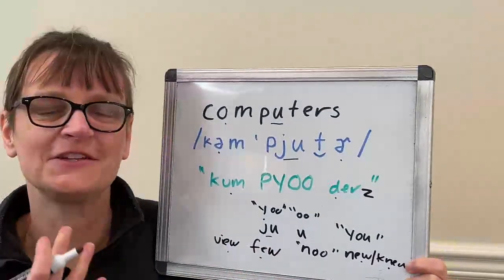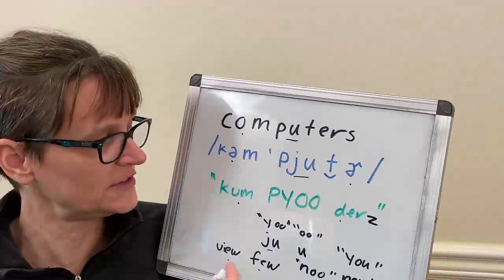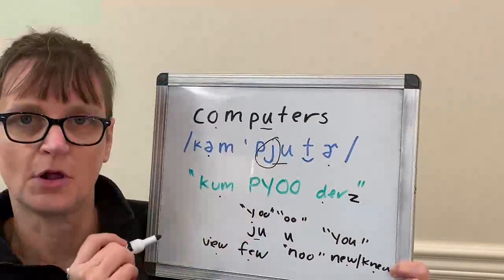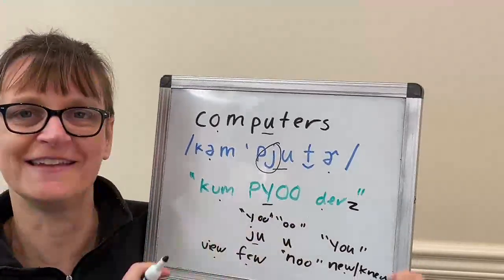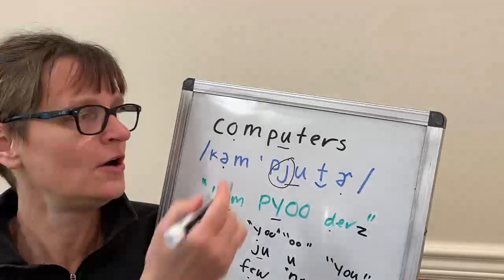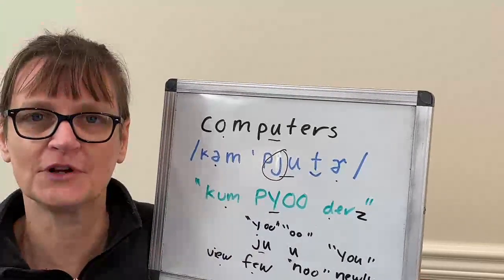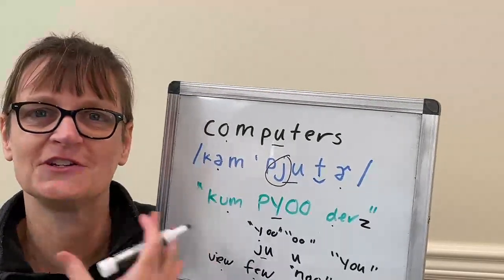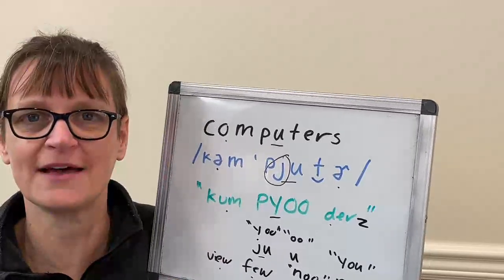I do have a lesson talking about how to know which to use, and if you learn the symbols in the dictionary, you can see that there will be this small lowercase j that says the y sound. That stands for the glide that we often spell with letter Y, or in this case, we don't have any letter to show you that there's that glide there. So learning to read those symbols for sounds can be very helpful in reading the dictionary to know whether or not in English you have a yoo or just an oo sound.